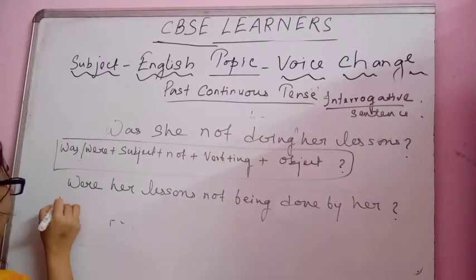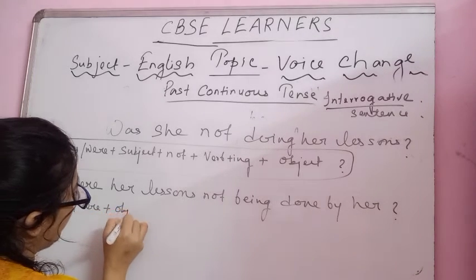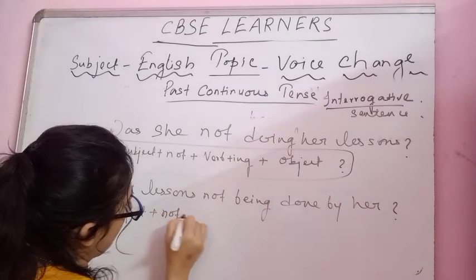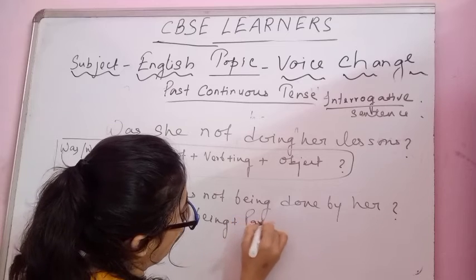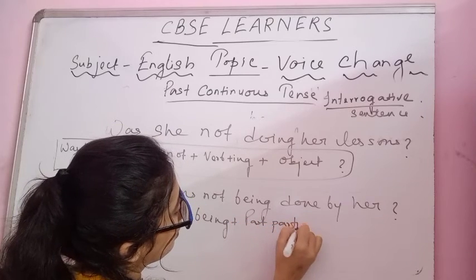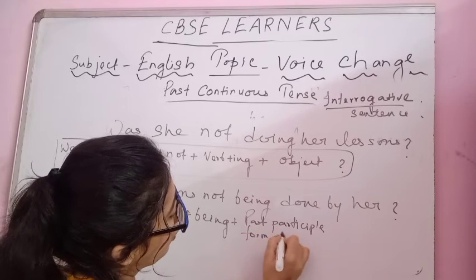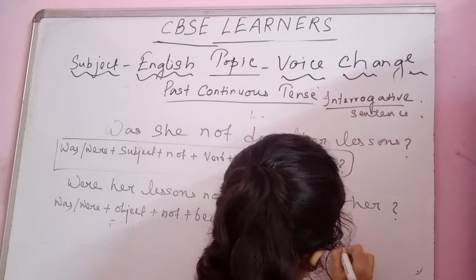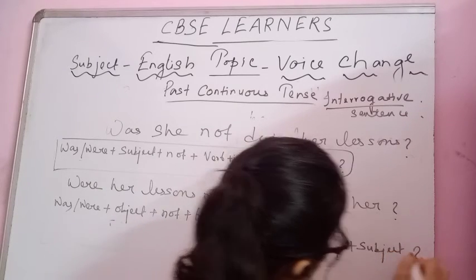So it will be was or were plus object plus not plus being plus past participle form of verb plus by plus subject with a question mark.